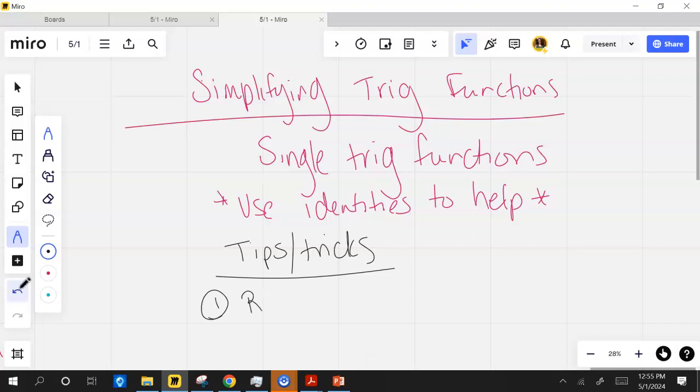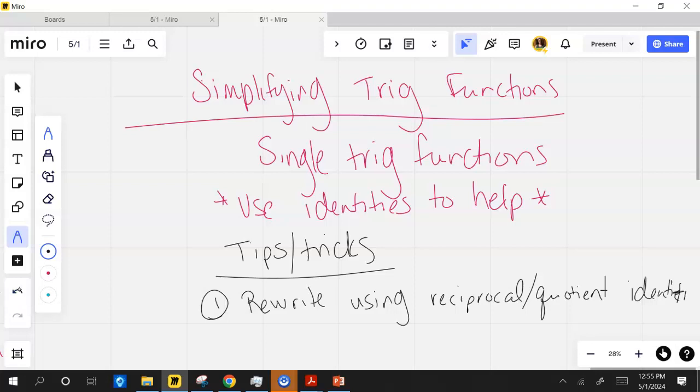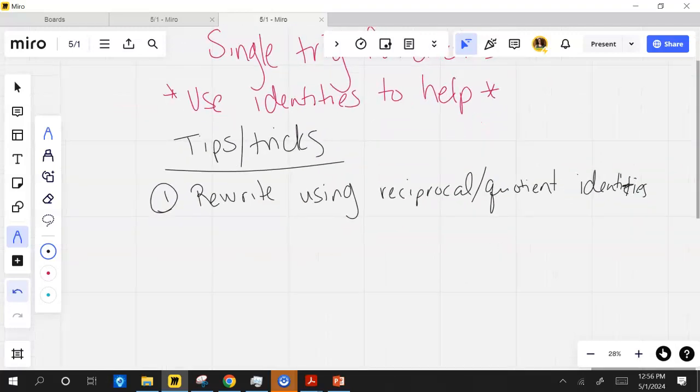First thing is, can you rewrite using either a reciprocal or quotient identity? In other words, if you have a cosecant, can you change it to 1 over sine? Will that help you? If you have a cotangent, is 1 over tangent helpful? Is any of that helpful in your simplification process?